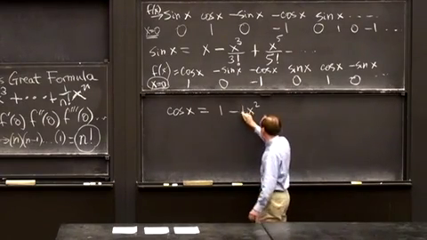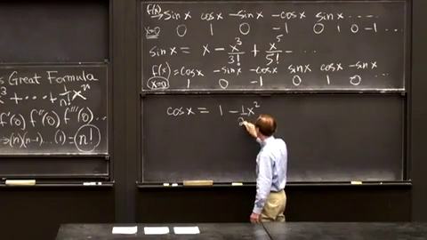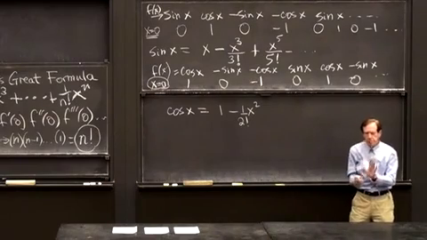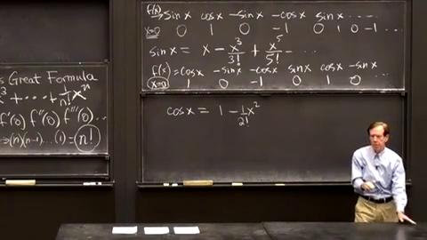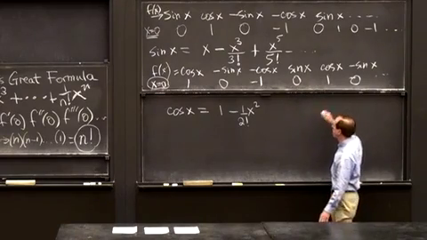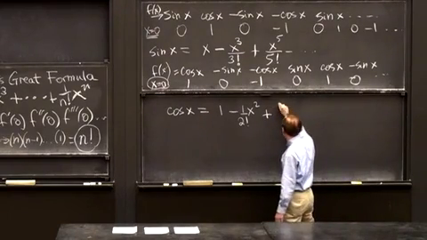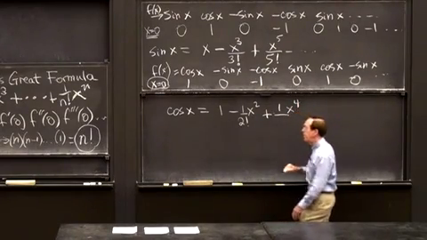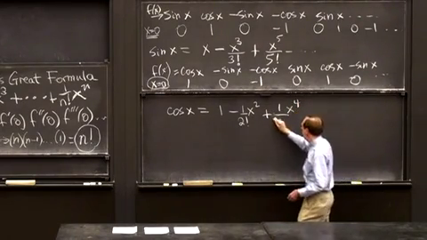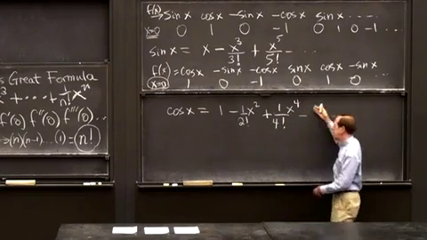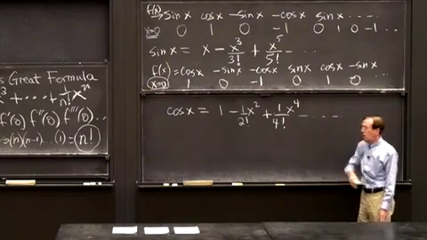So I have to divide by that 2, or 2 factorial. Now it matches the correct second derivative, minus 1. Then there's no third derivative. The fourth derivative is plus 1, x to the 4th over 4 factorial. And then minus, and so on, x to the 6th over 6 factorial.